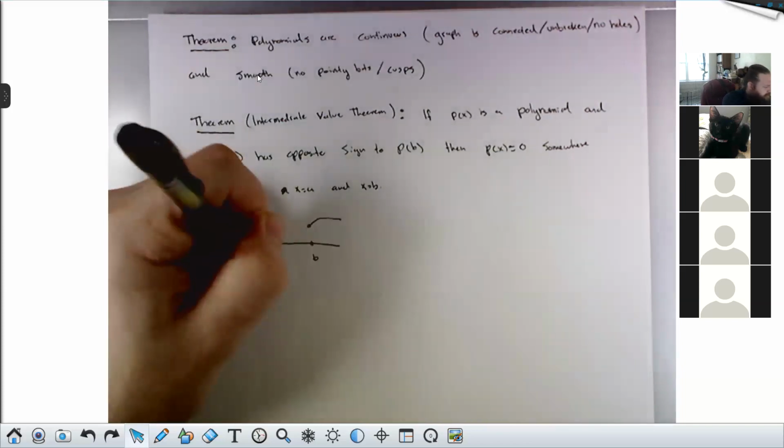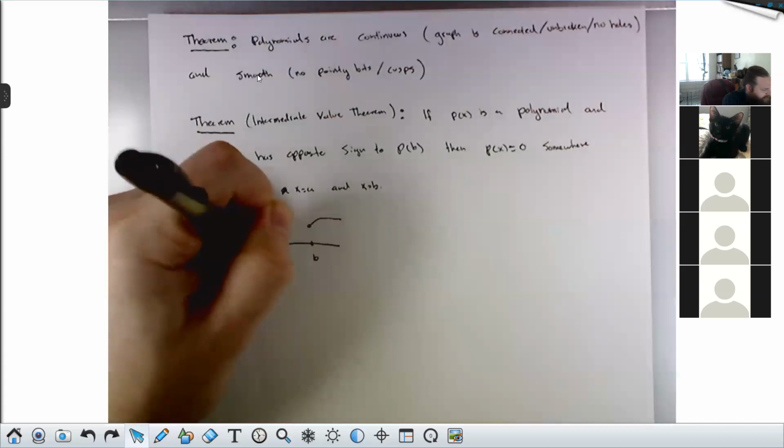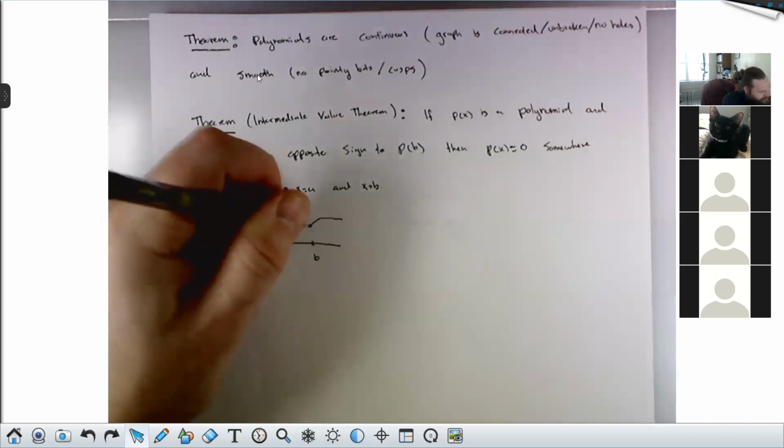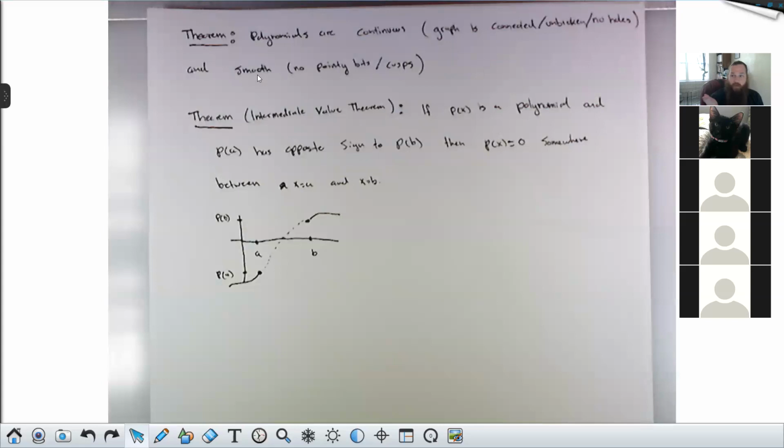The idea is that you cannot get from here to here. You cannot connect these points without crossing the x-axis. In other words, you have a solution to P of x equals 0. You have a root somewhere. Because the graph has to be both smooth and connected, specifically it's the connected here, there's no way for the graph to join this point to this point without going through the x-axis, no matter how hard you try.